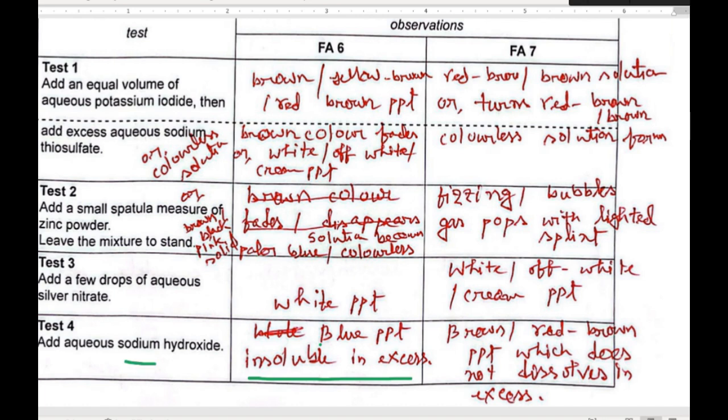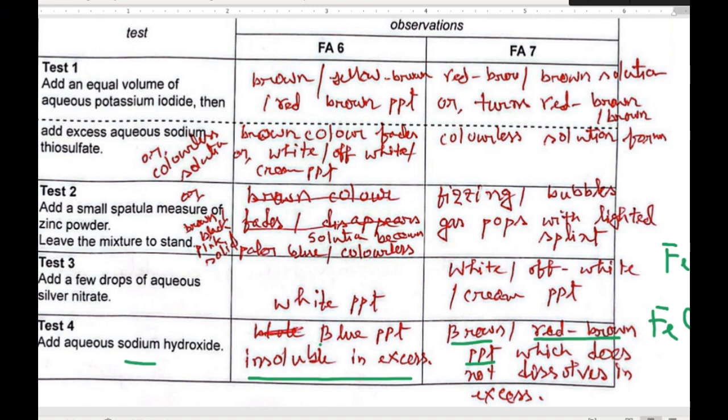And now FA7 is iron 3 chloride, and you know iron 3 ion reacts with sodium hydroxide to produce iron 3 hydroxide. This is the brown or red brown PPT. So you will write red brown precipitate is formed or brown precipitate is formed.